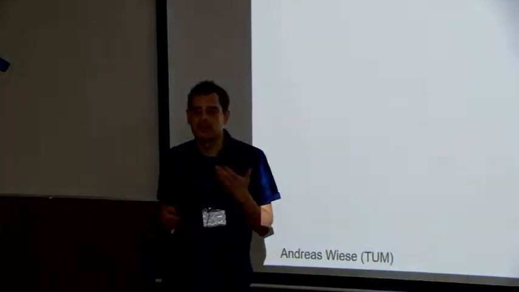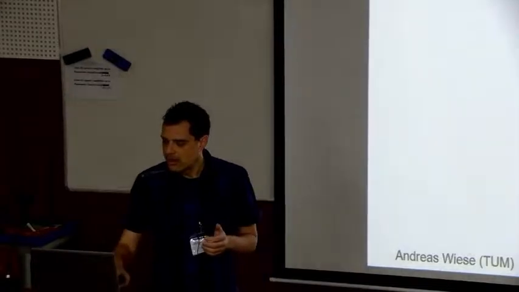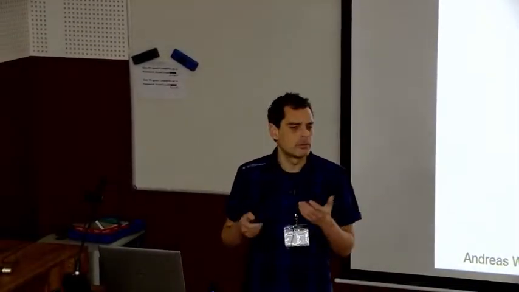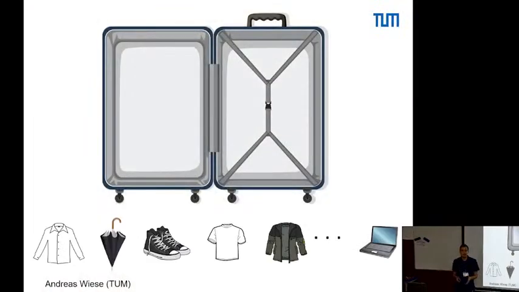So in my presentation, I'm going to talk about packing problems, and actually the good thing when I talk about packing problems is that I claim many of you solved a packing problem very recently. The input of this packing problem consists of your suitcase and a set of items that you might have taken with you on your trip.